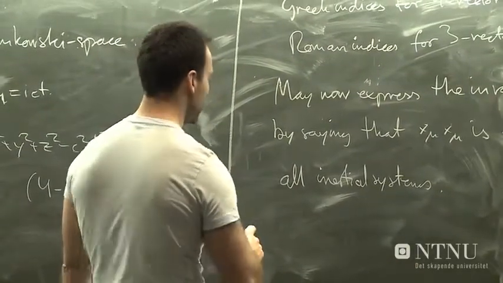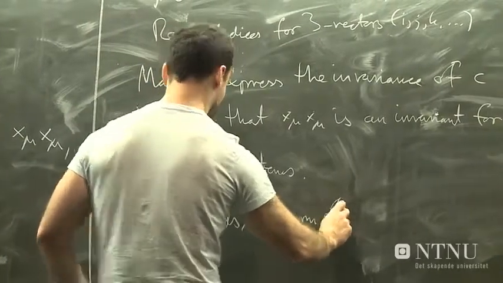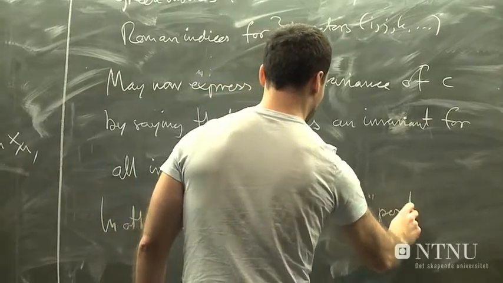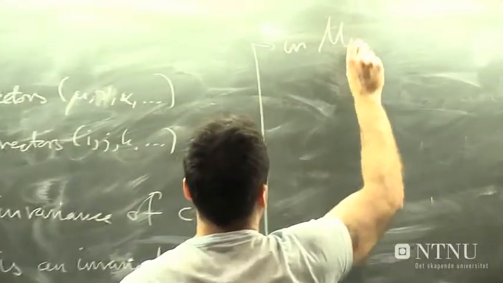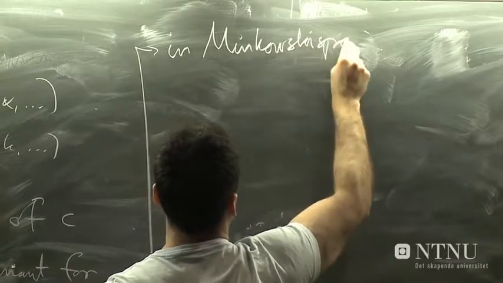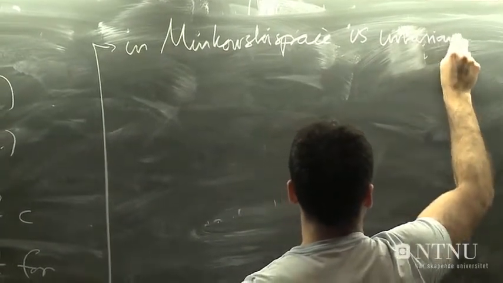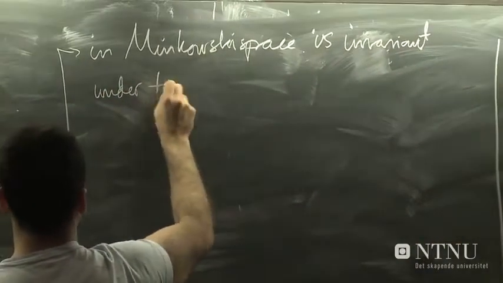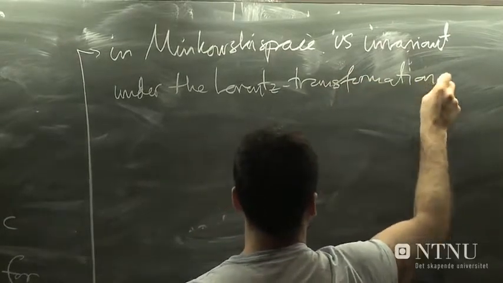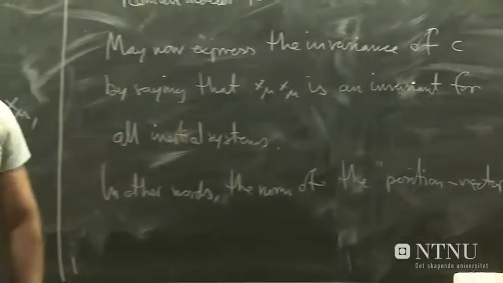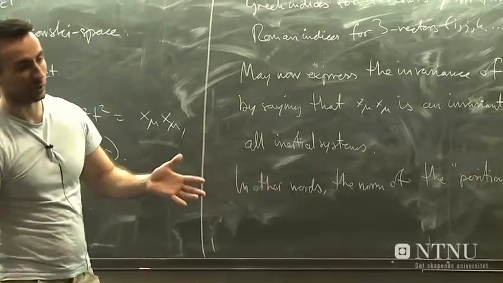And we can express this in a different way. In other words, the norm of the position vector x mu in Minkowski space, which you can think of as a sort of position vector in Minkowski space, is invariant under Lorentz transformation.